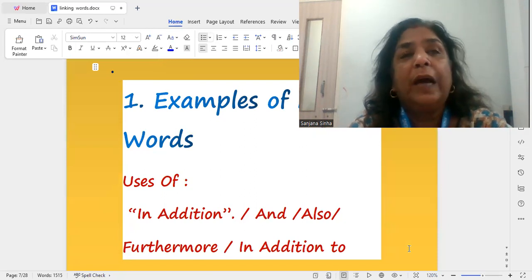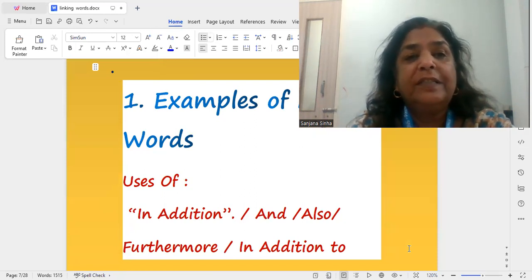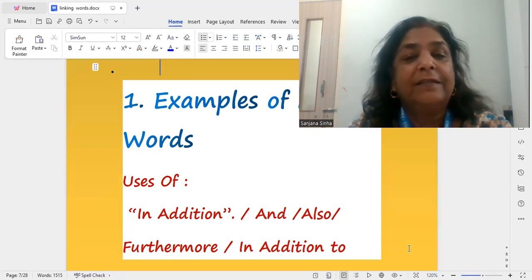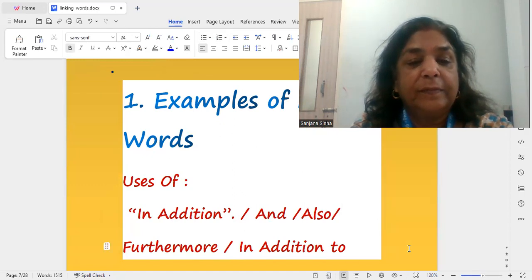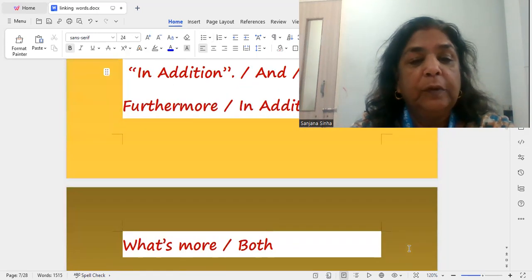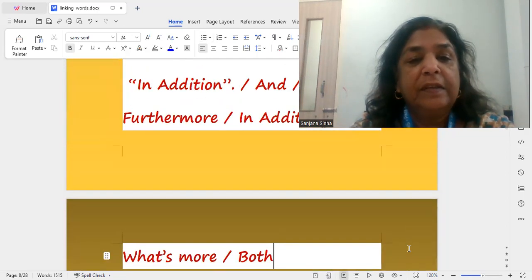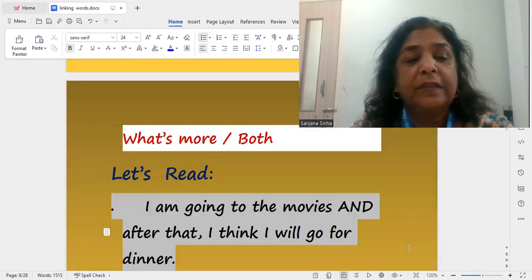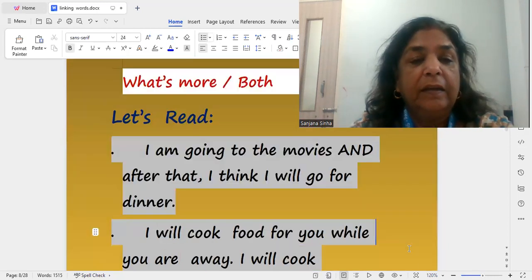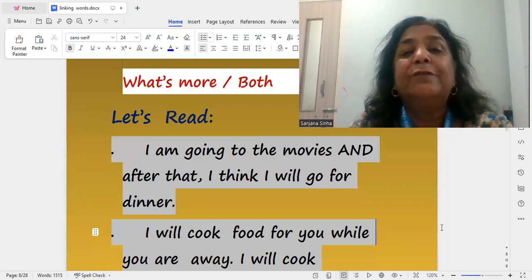It means when you want to add one idea to one statement, then you're going to use these words. How to use them? Let's get started. What's more, both, these are all the words which I'm going to use in the first example. So let's read it out.